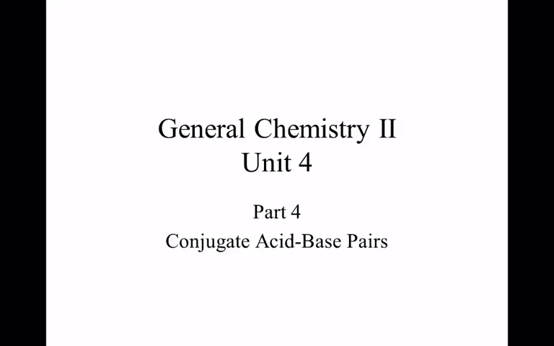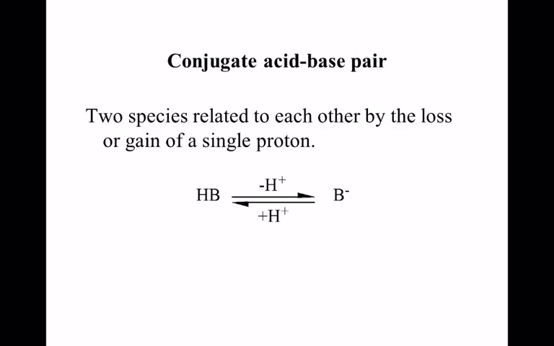So, conjugate acid-base pairs. Basically, what they mean is you look on either side of the equilibrium arrow and find a pair of species that differ by a proton. The one that's giving up the proton, you would call the acid, and the one that's accepting a proton, you would call the base.